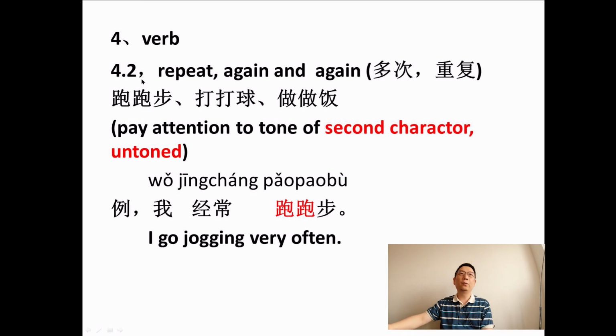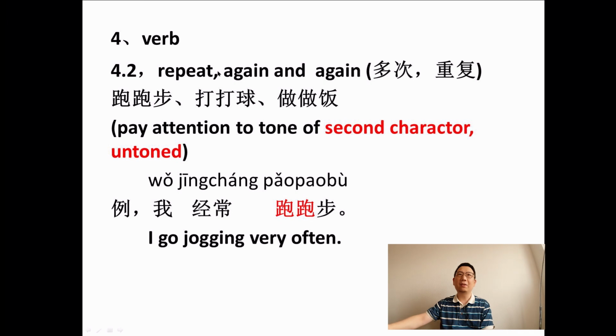So 4.2, sometimes we also have this 叠词 in verbs, but the meaning is repeating again and again. So we see this example, 跑跑步. The example is 我经常跑跑步, which means I go jogging very often. 跑跑步 here means to go jogging very regularly and often do these things.